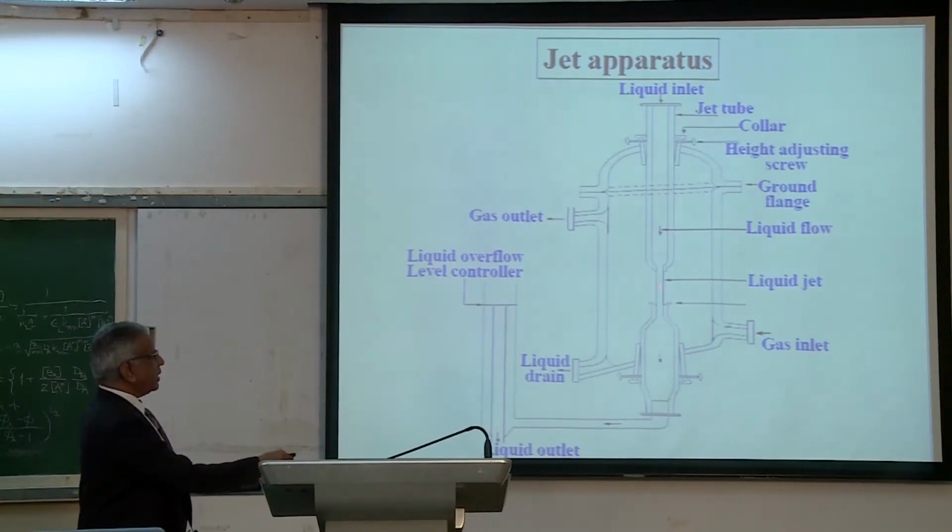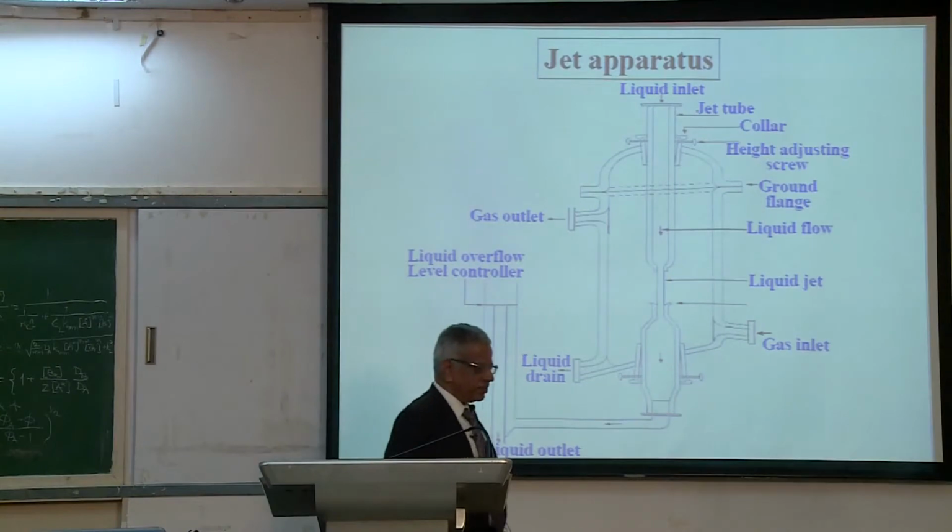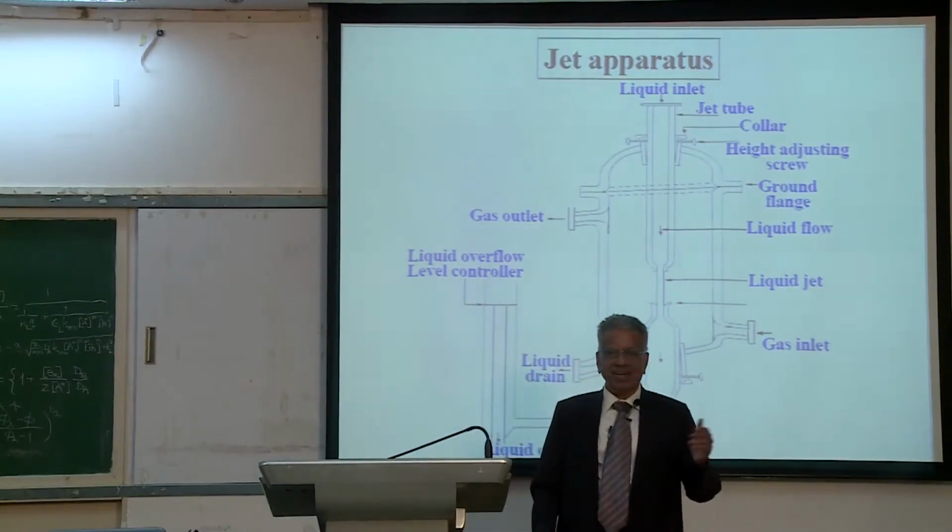So, gas liquid contact happens only in this jet area, and we know that pi d L is the interfacial area, and by changing the velocity of the jet we get variation of the mass transfer coefficient, and this is called a model contactor.